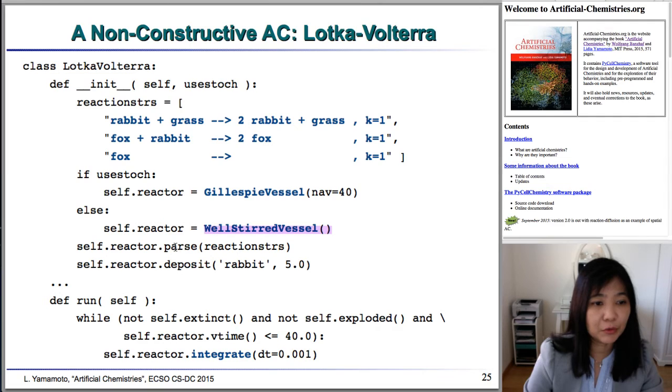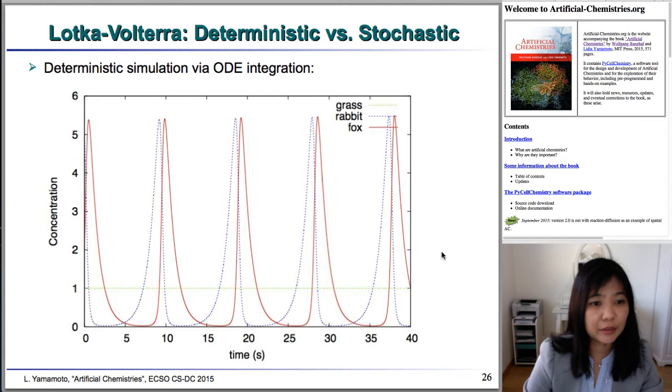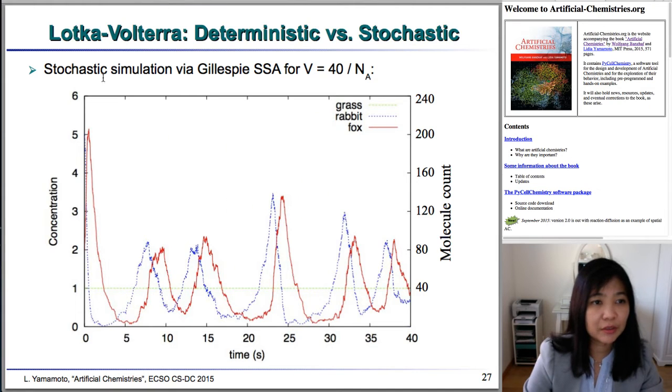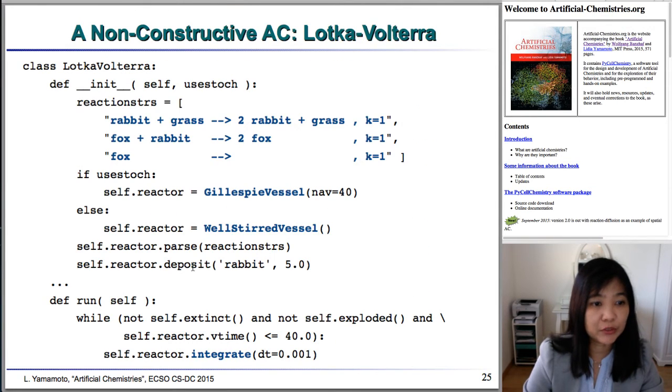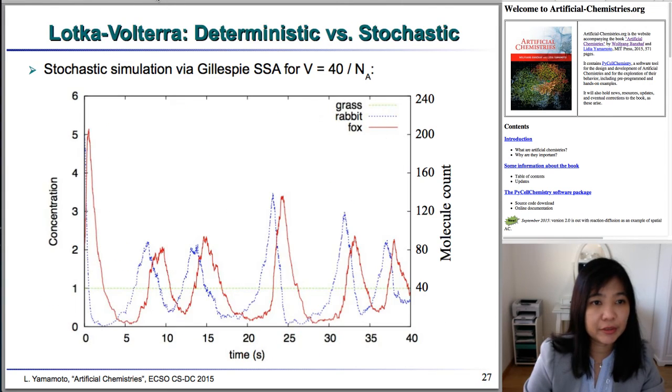By setting some concentration of substances, you can then integrate the system and obtain the ODE result, which is smooth oscillations, or the stochastic result, which shows more noisy stochastic effects that you can see here. This is for a very small volume with the same concentration. Here we deposit some concentration amount. For the same concentration, a small volume means fewer molecules, so we see more stochastic effects.